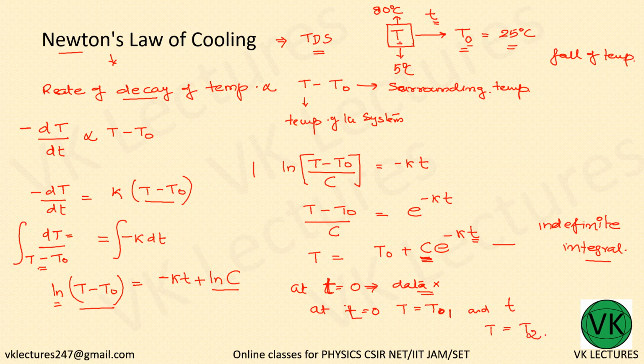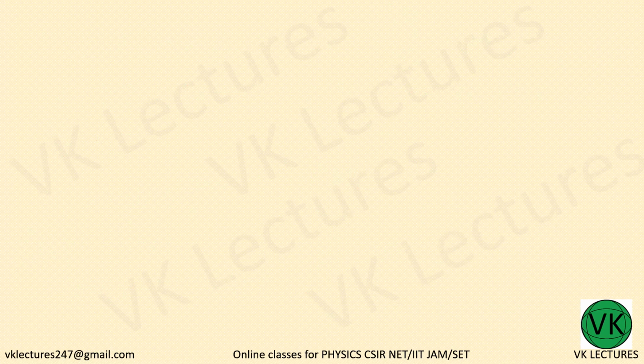Now let us try to integrate that. dT by dt equal to minus k into (T minus T naught).